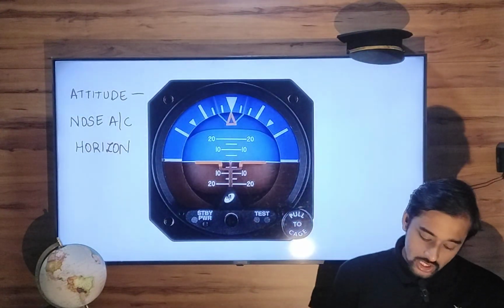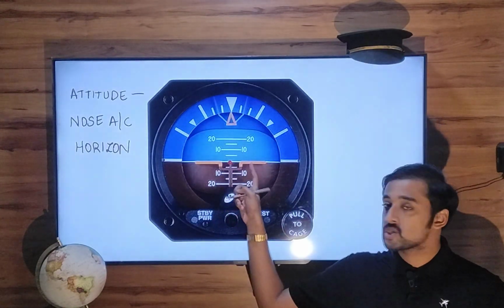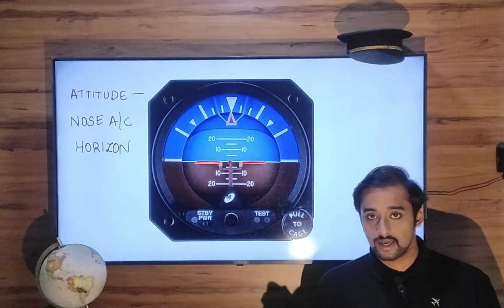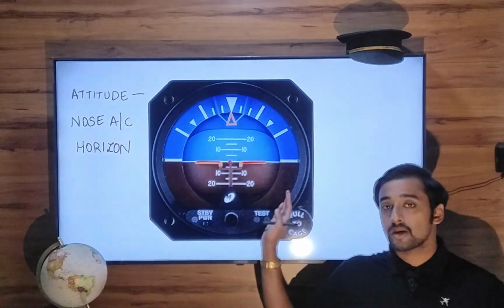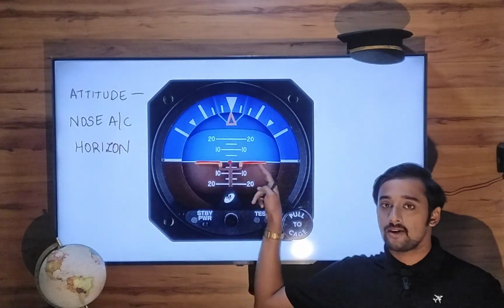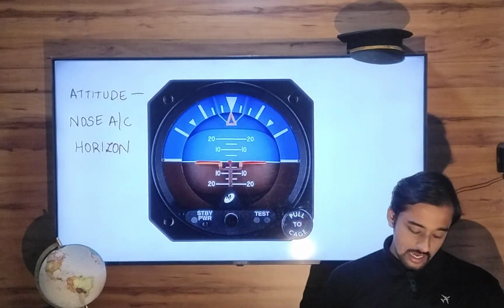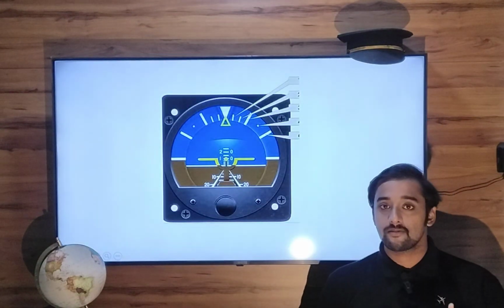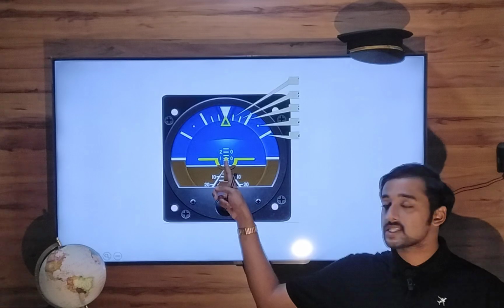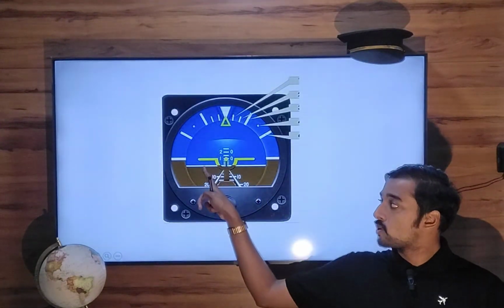dot, orange dot, represents the nose of aircraft. These two horizontal bars represent the left wing and the right wing respectively. Okay, so now in this particular image, this example, your aeroplane is flying straight and level. Okay, straight and level with the horizon. In case it's climbing, when aircraft climbs, this horizontal bar and the center dot that represents the nose of aircraft will rise above the horizon.